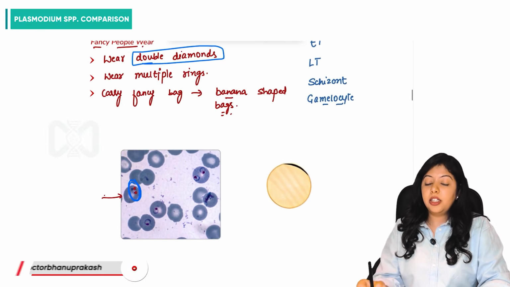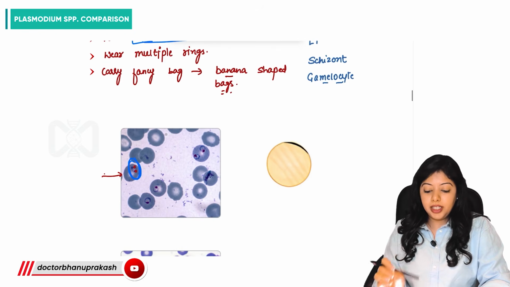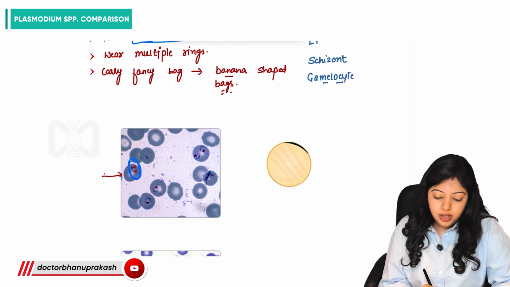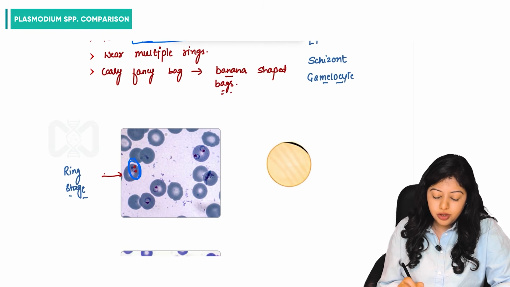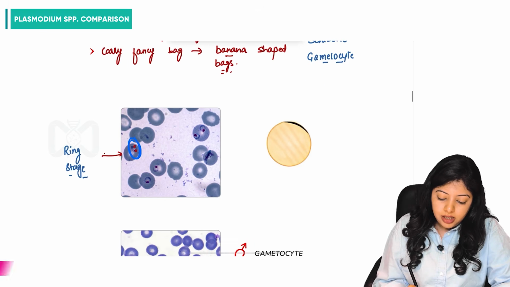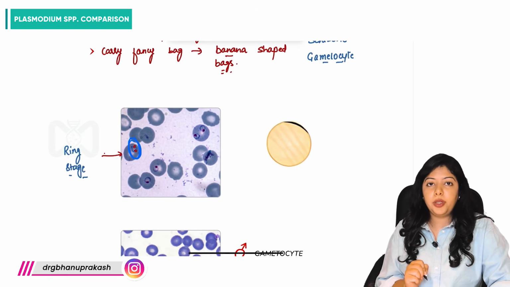So this is the early trophozoite I am talking about. Early trophozoite ring stage. It is a ring stage where we can very much see a ring which has double dots on it.